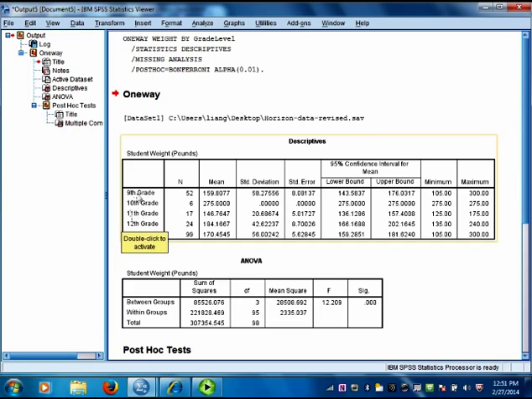groups here in comparison, and when we compare, we can compare 9th graders with 10th graders, 9th graders with 11th graders, 9th graders with 12th graders. That's 3 comparisons already.